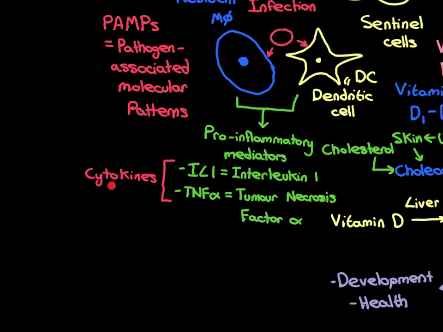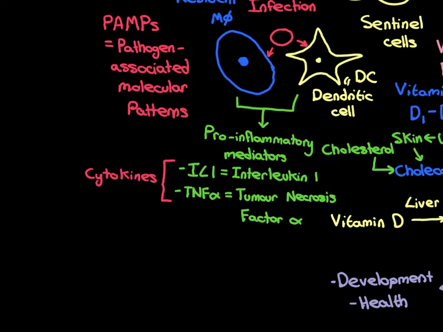A pro-inflammatory cytokine has a slightly narrower definition. This is a molecule released by cells of the immune system, and these sentinel cells, the macrophages and the dendritic cells, they are certainly cells of the immune system, so tick that box. They're molecules released by cells of the immune system that go and affect the behavior of another cell. Okay, that's obvious. And they also have to be proteins.